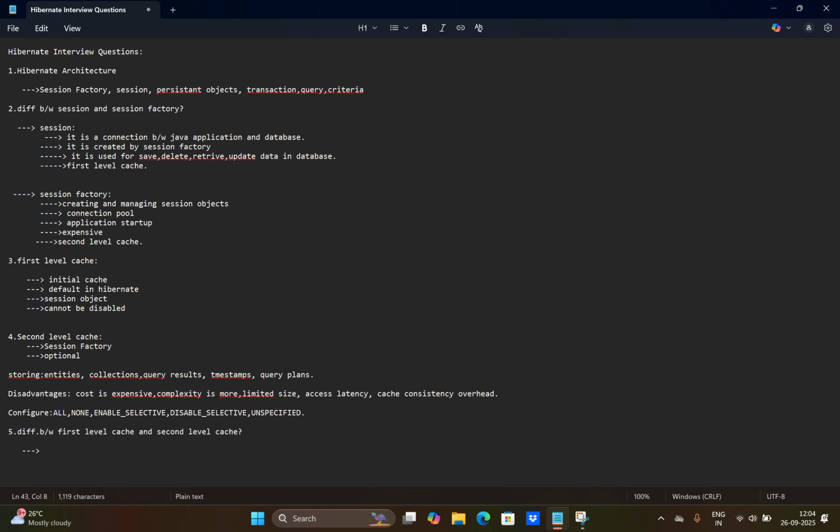While coming to storage, the first level cache is in memory within the session, and the second level cache is in memory within the session factory. That's it.